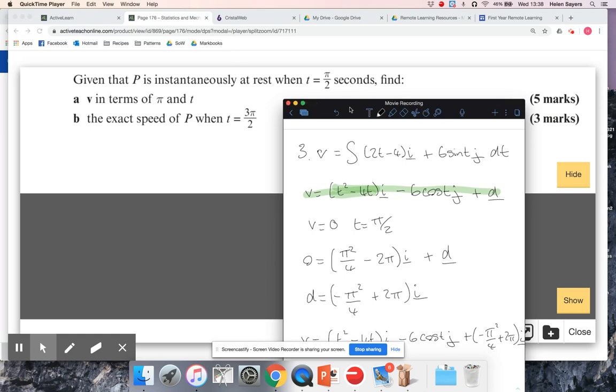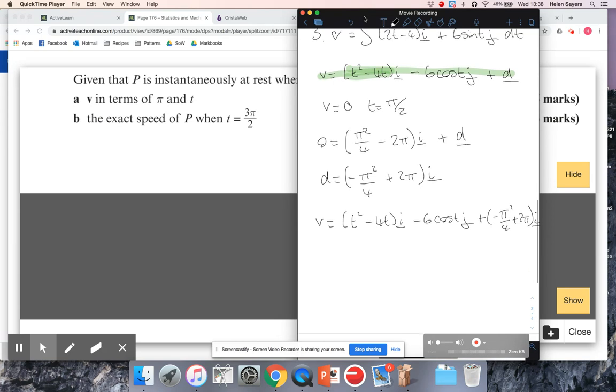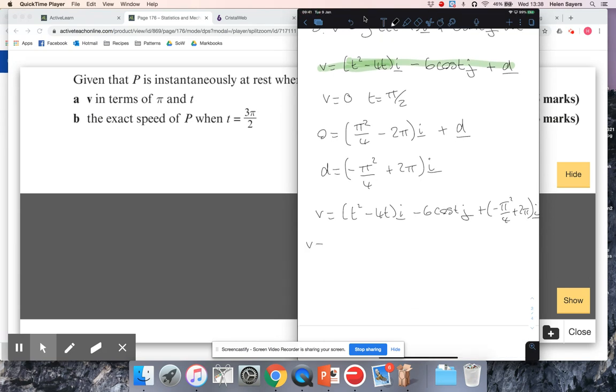I'm going to move it up so you can actually read it. Then I should just get all my i vectors together. So v is t squared minus 4t minus pi squared over 4 plus 2 pi i minus 6 cos t j.